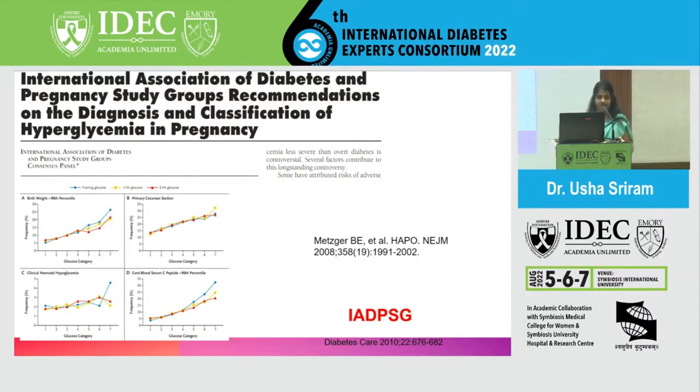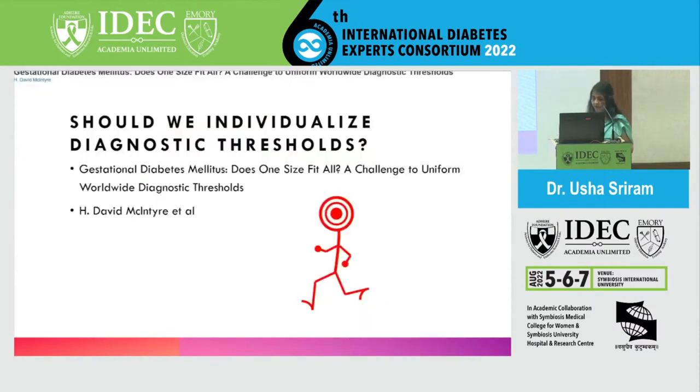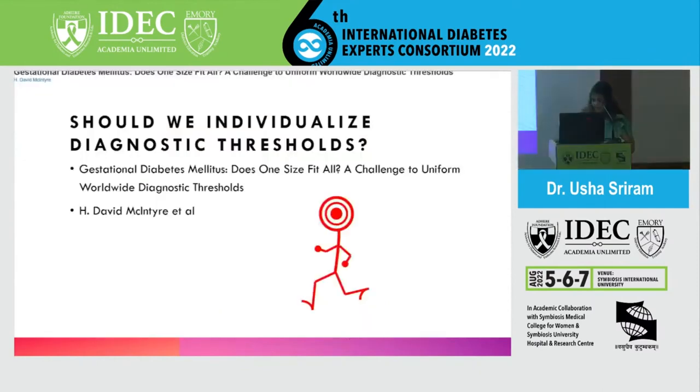If you look at a normal healthy woman who's pregnant, and her sugars are all fairly low, as they start rising, there is a continuum, and at every point of the continuum, there is a potential complication, or there is a metabolic imprinting of sorts. And to add to this, again, this whole not being able to catch things, they're talking about, should we have uniform thresholds? Should thresholds be different for different countries as well?